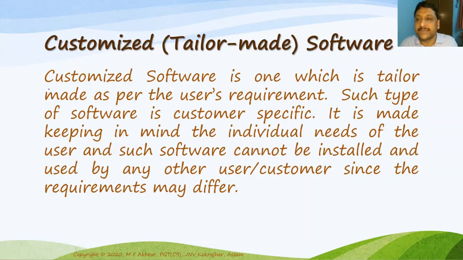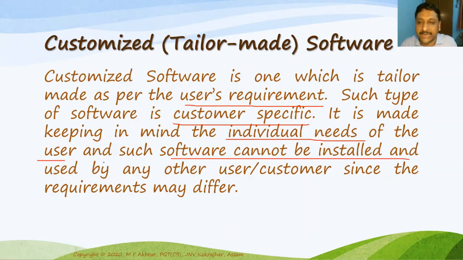See here, customized software is one which is tailor-made as per user requirements. Such type of software is customer specific. Customer specific means that for that customer this software will work and for others it won't work. It is made keeping in mind the individual needs of the user, and such software cannot be installed and used by any other user or customer since the requirements may differ.